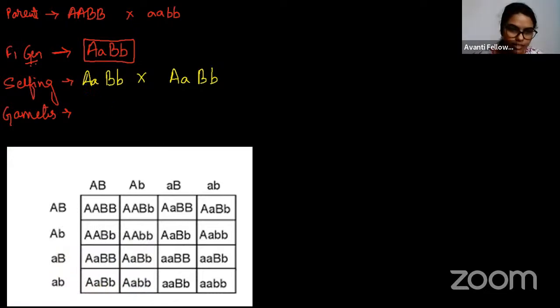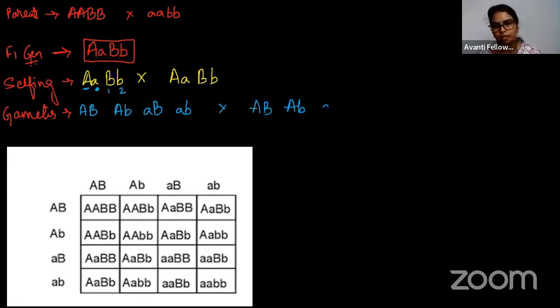So this with 1 and 2, then again this with 1 and 2. So we get capital A capital B, capital A small b, small a capital B, and small a small b. Again here, the same gametes we are going to get.